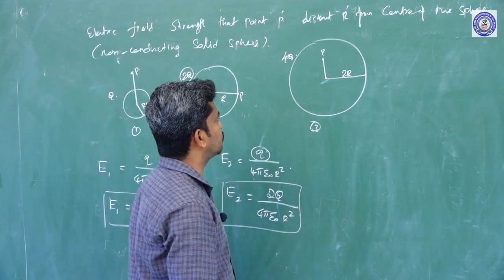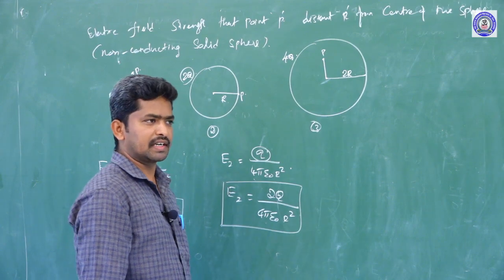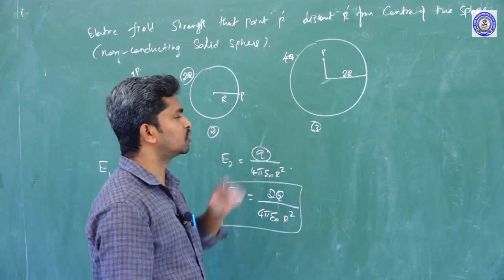And the third one has net charge 4Q, and the point is inside the non-conducting solid sphere of radius 2R.